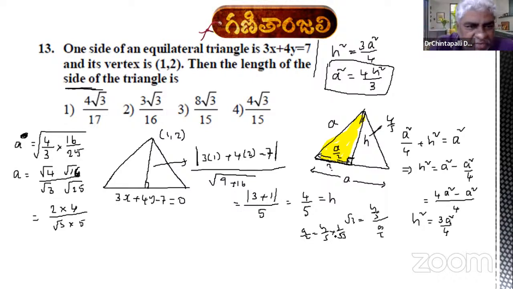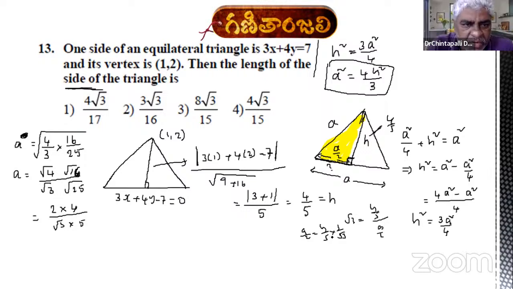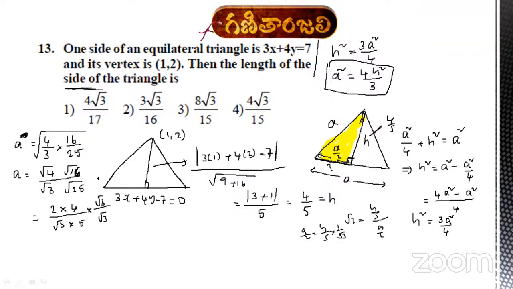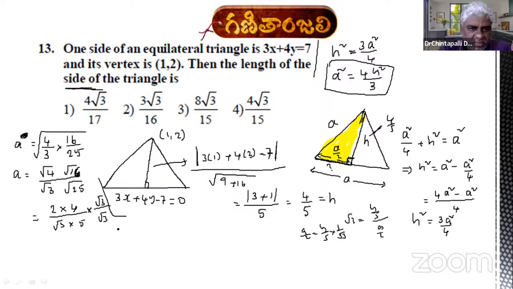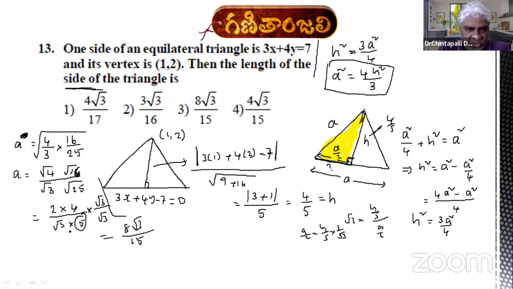You see, actually we got 8 by 5 root 3, right? Yes, sir. But the option is not there. 8 root 3, yeah, correct only. See, multiply numerator and denominator by root 3. 8 root 3 by 5 root 3, which is 15.